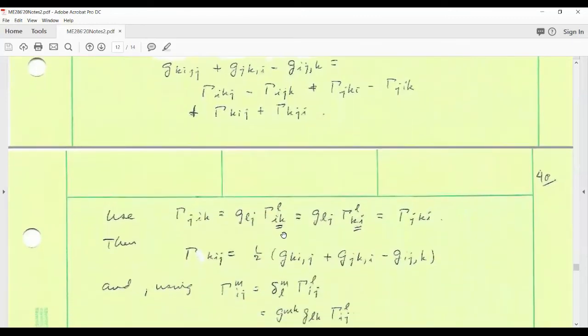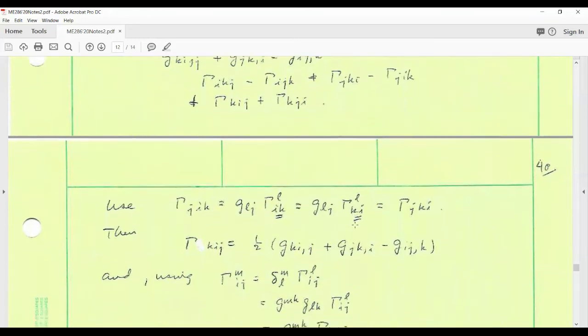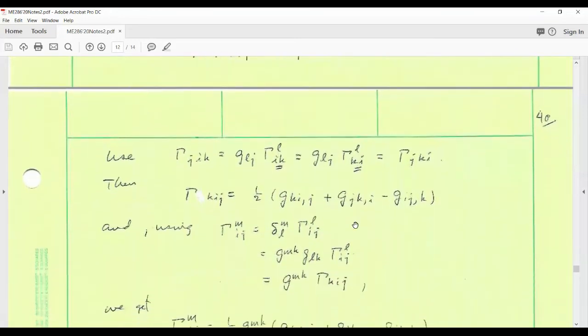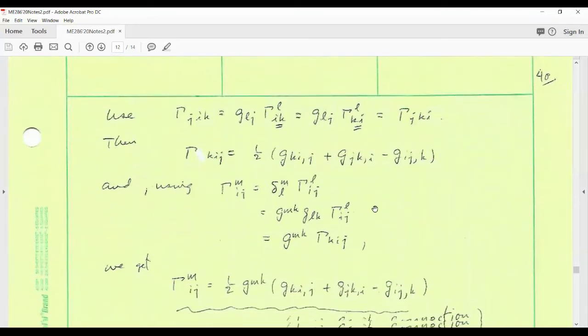This is just a restatement that the gamma is symmetric in I and K. I can interchange I and K because of the symmetry in the lower subscripts of the original connection coefficients. So the factor of 2 I can bring to the other side of the equation, and I have the subscripted gammas determined entirely in terms of the partial derivatives of the metric.